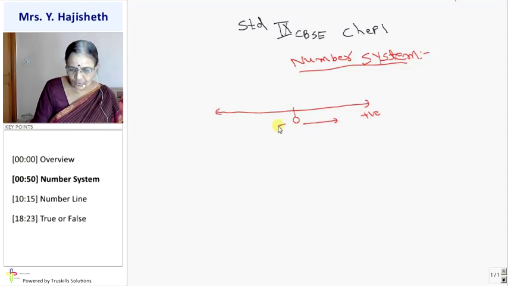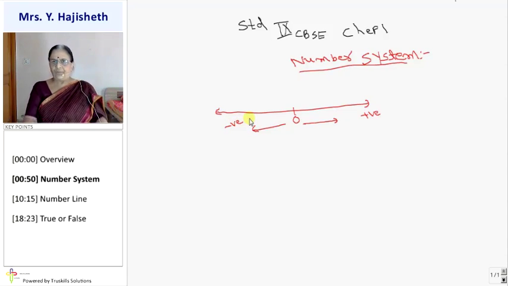And if you go from O to left hand side, all are negative numbers. Okay? Positive numbers are on right hand side of O. Negative numbers are represented on left hand side of O.